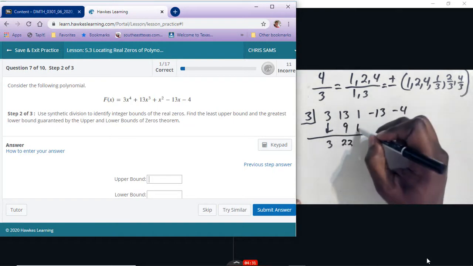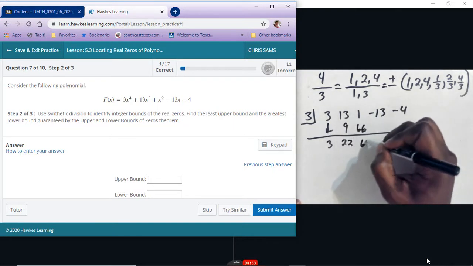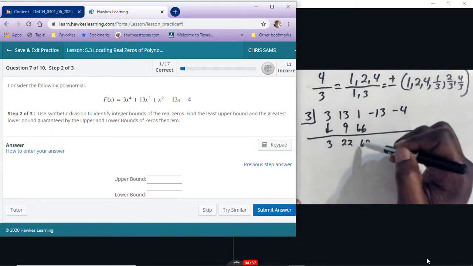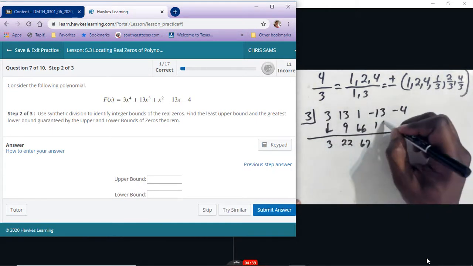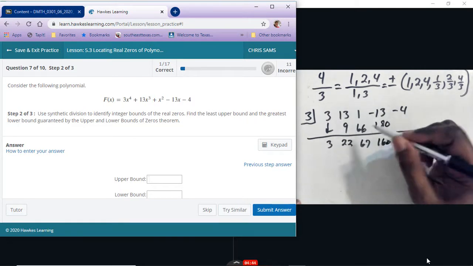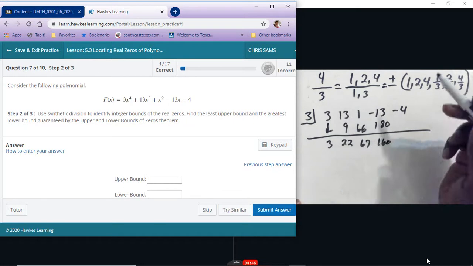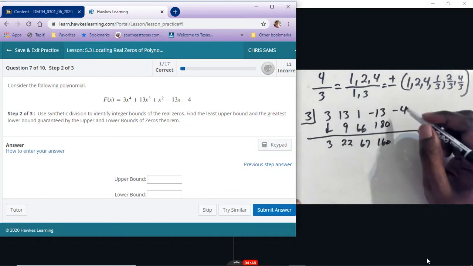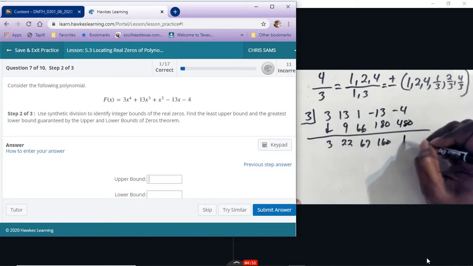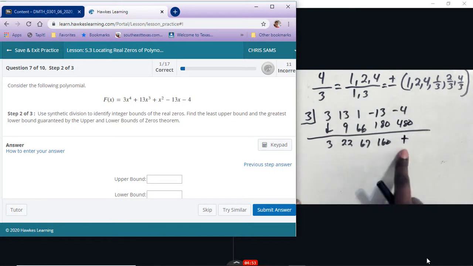We get 66. Add, we get 67. So let's just roughly round. 3 times 60 is 180. Subtract 20, we're still at 160. And 3 times 160 gives us 480. And we'll end up with something positive. Okay, so 3 is an upper bound. Okay, not necessarily the smallest one, but it's an upper bound.